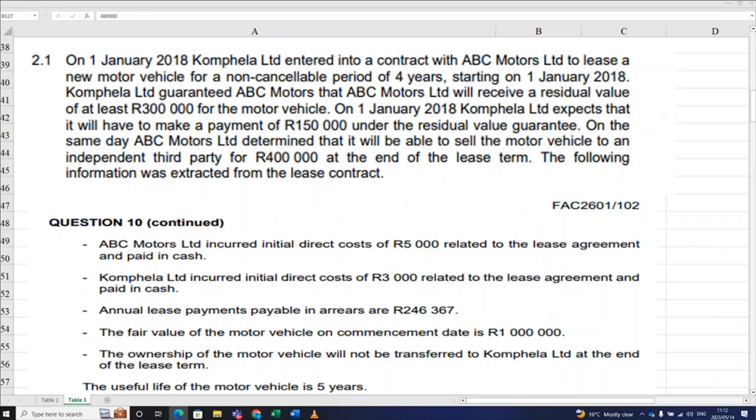Okay, so when we're working out the lease liability portion, we would need that discount rate. In this case, it would be the implicit rate in the lease. So let's get going with that.